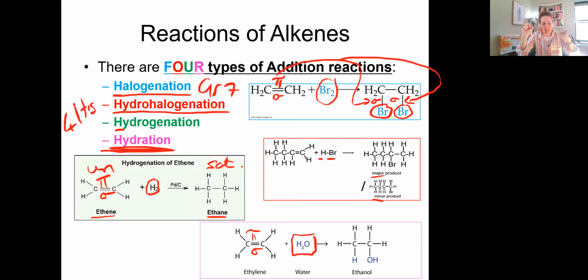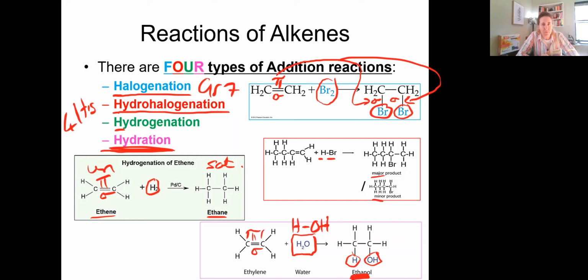Now, if you just think of what water is, that's basically just H bonded to OH, right? And the H will go sit on the one carbon and the OH on the other carbon, as you can see here. And now what have you got? You've got ethanol as product.